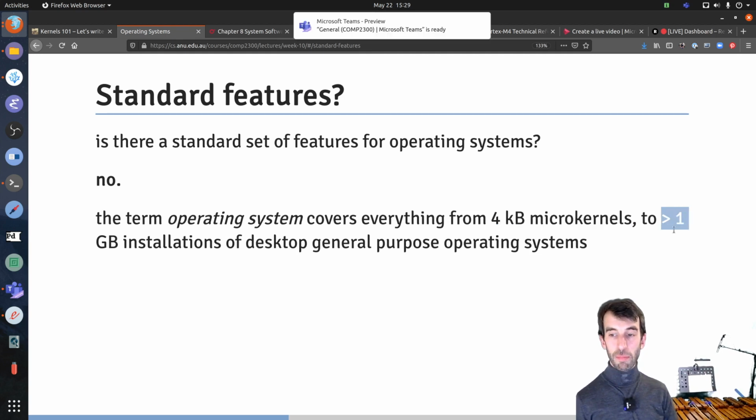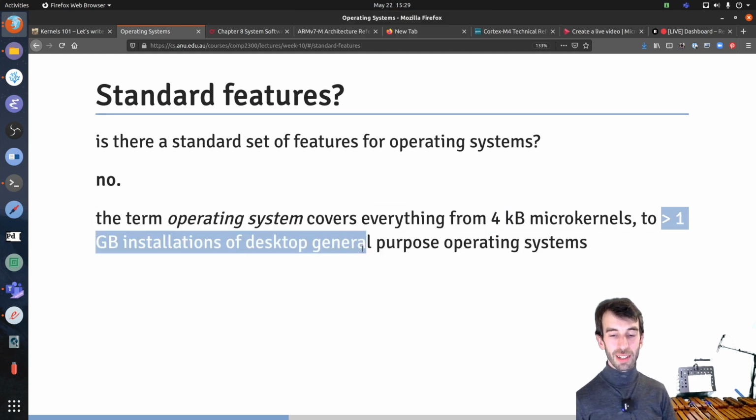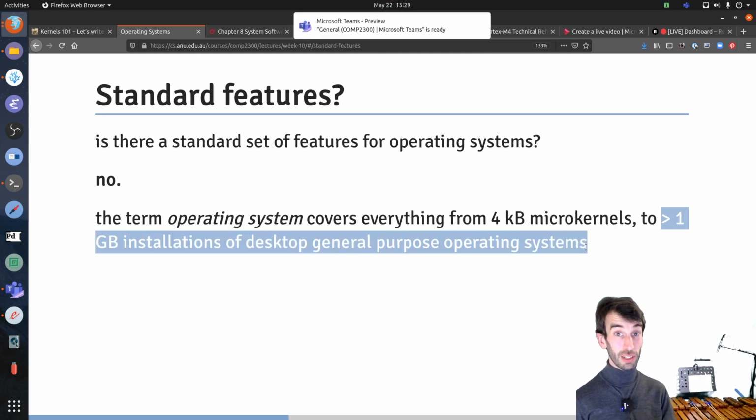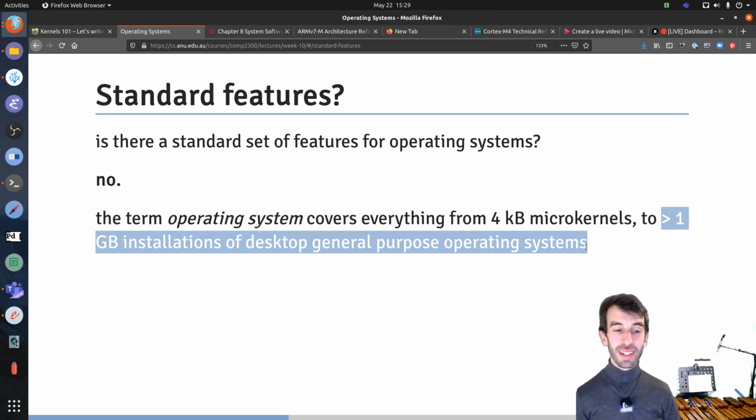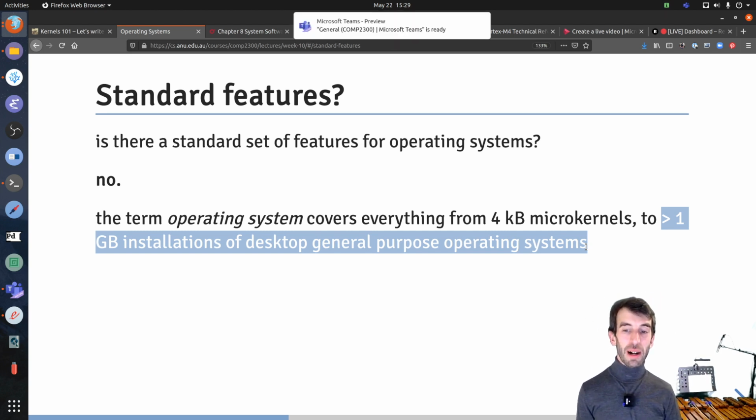And these ones are so big because they're probably including a lot of applications, for one, as part of their installation medium. But also they might be prepared for running on a lot of different kinds of devices. So there might be many device drivers that are required. If you don't know what that is, we'll talk about it in a minute.